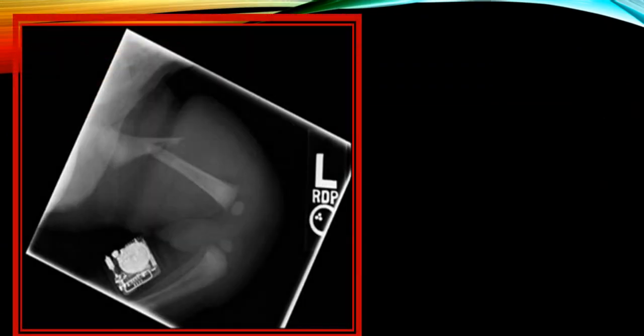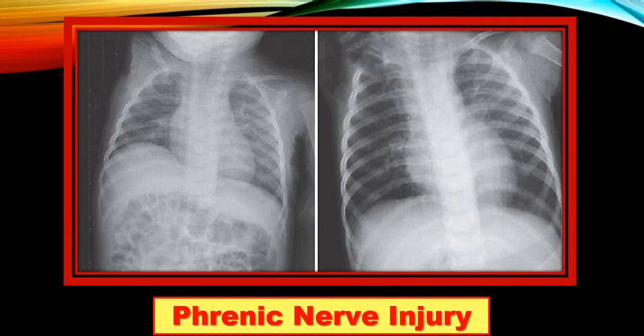So what is the management of the phrenic nerve injury? I go back to this slide, because in a phrenic nerve injury, the diagnosis by chest radiograph, as we said, is important, and sometimes we may do ultrasonography or fluoroscopy to see the paradoxic movement of the diaphragm during inspiration.